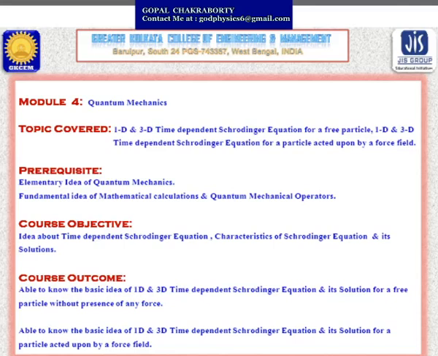Now the topics that I am going to cover are one-dimensional time-dependent Schrodinger equation for free particle and three-dimensional time-dependent Schrodinger equation for free particle, one-dimensional time-dependent Schrodinger equation for a particle acted upon by a force field, and three-dimensional time-dependent Schrodinger equation for a particle acted upon by a force field.